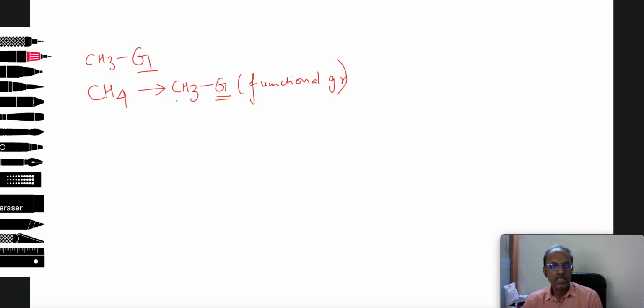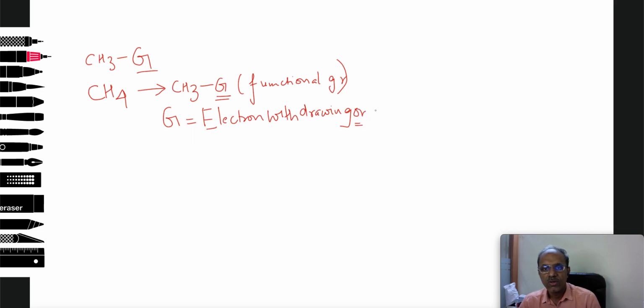Now, this G might be either electron withdrawing or electron donating.